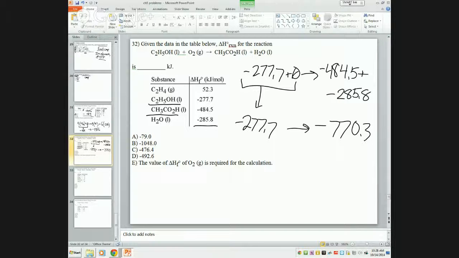So you do negative 770.3 minus the negative 277.7, and you get the answer, which is D, as in delta, or something close to it, I hope. Did I do something wrong? No, that's what you get, right? I sure hope so, because that's what I'm saying. So I got circled. I'm having a mini panic attack. All right, cool.